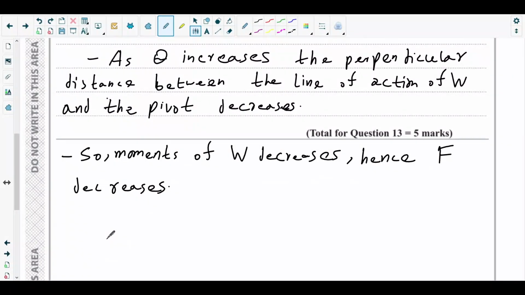So moment of W decreases, therefore F decreases.